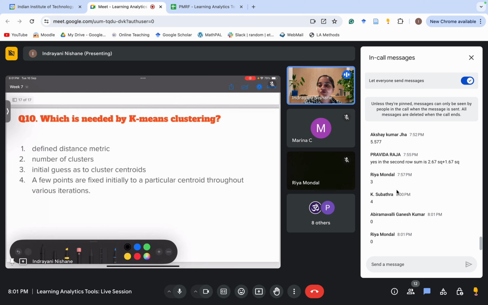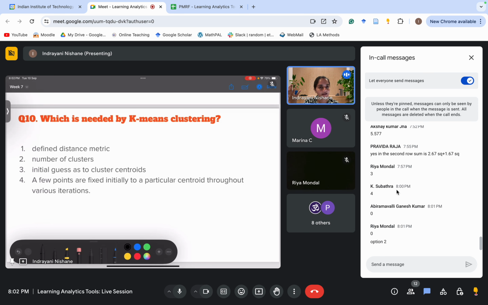Okay, going to the last question for the day, which is about what is needed by k-means clustering. When we perform k-means clustering, which points need to be pre-decided? We saw one problem of k-means clustering, and we have discussed this also. What are the things we need to consider beforehand, or which are absolutely needed or pre-decided?